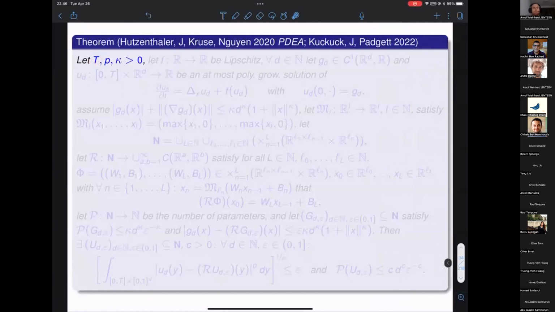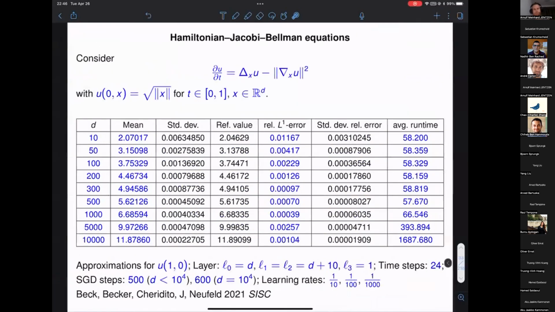Arnulf, can I ask you before you jump into this result? I heard people making statements of the following type, that in some problems, when you start raising the dimension, the discretization somehow becomes simpler because there is some kind of strange law of large numbers that people do not yet understand, that makes the solution behave in a very simple way with respect to the dimensions you have in your problem.